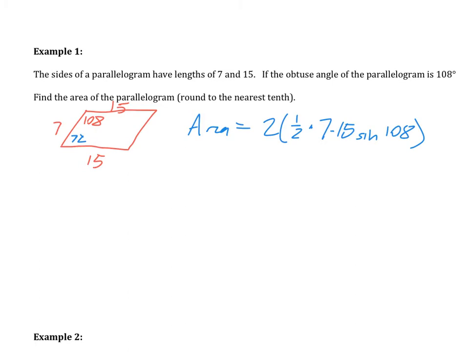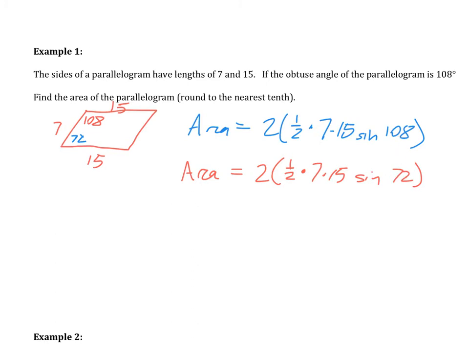Or I could represent this as the area equals 2 times 1/2 times 7 times 15 times the sine of 72. Now, the main question here is, how do I know that these two things are going to be equal?